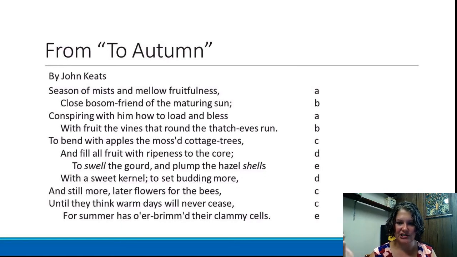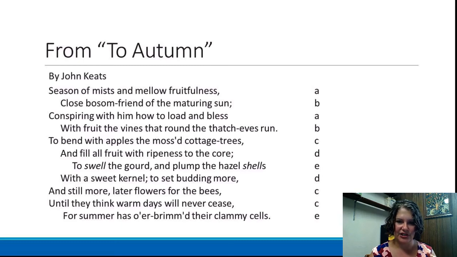This visually shows me which lines in the poem rhyme with other lines, at least in terms of the end rhyme. What this does is allow me to see what's happening with the rhyme. It also lets me see how Keats is, in some ways, returning to the same sounds throughout the poem.